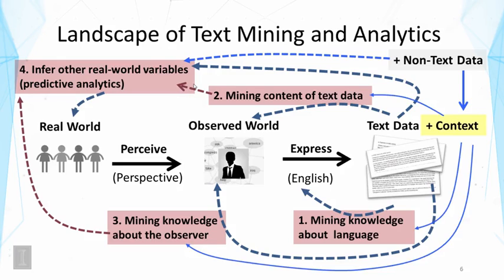So in this sense, non-text data can actually provide interesting angles or perspectives for text analysis, and it can help us make context-sensitive analysis of content or the language usage or the opinions about the observer or the authors of text data. We could analyze the sentiment in different contexts.